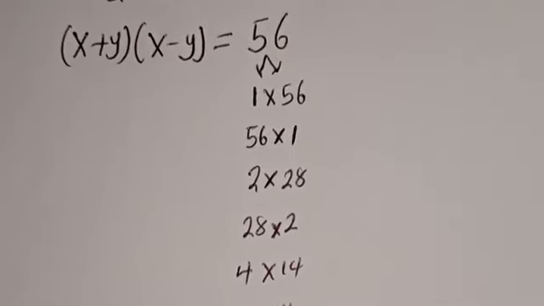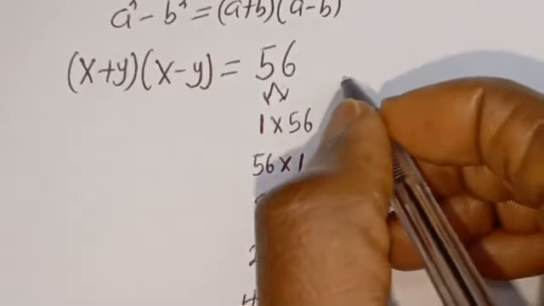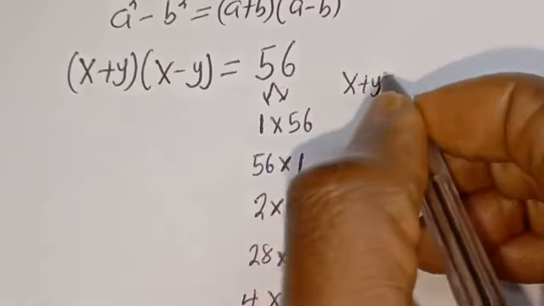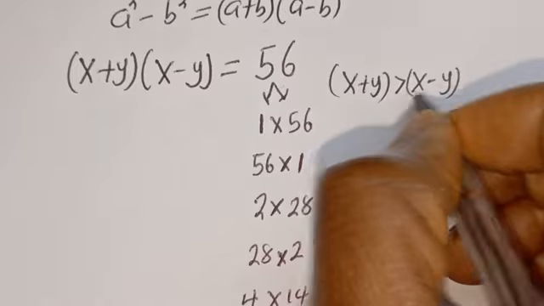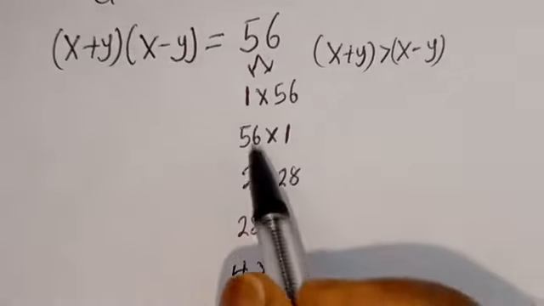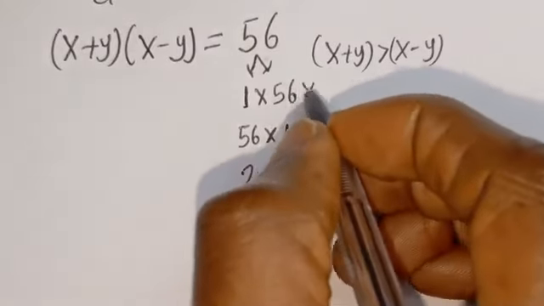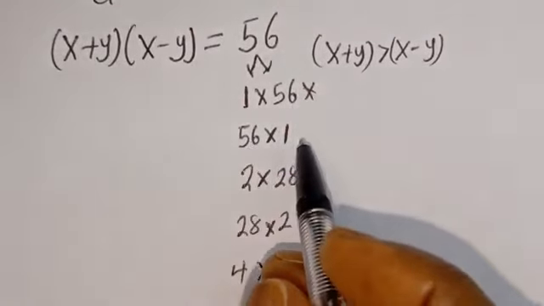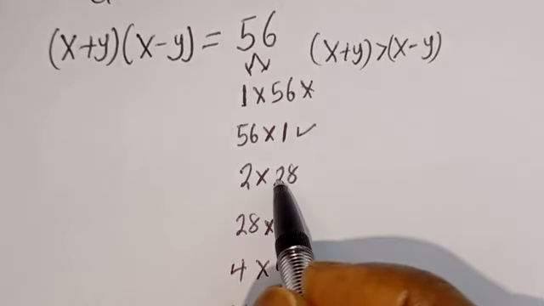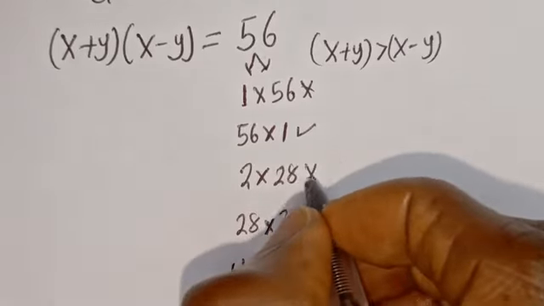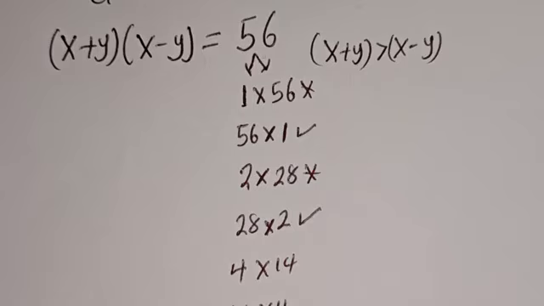And from here, we have (x plus y) multiplied by (x minus y). Here, x plus y is greater than x minus y. So therefore, here 1 is less than 56, so this is cancelled. Then 56 is greater than 1, this is accepted. 2 is less than 28, this is cancelled. 28 is greater than 2, this is accepted.